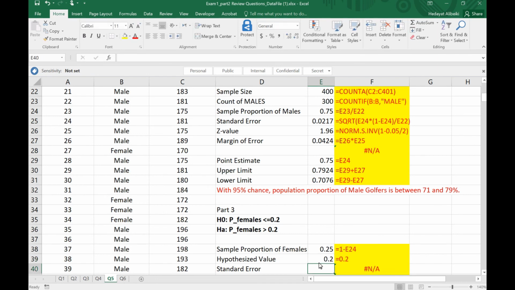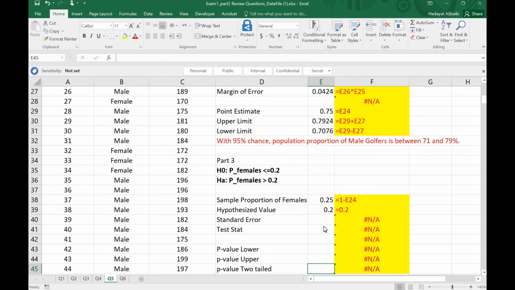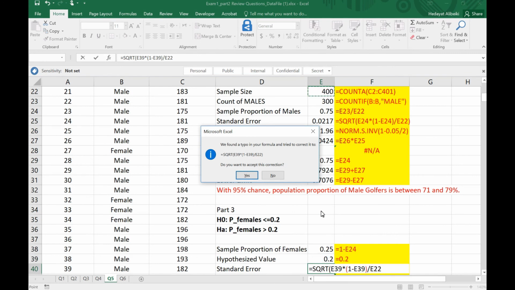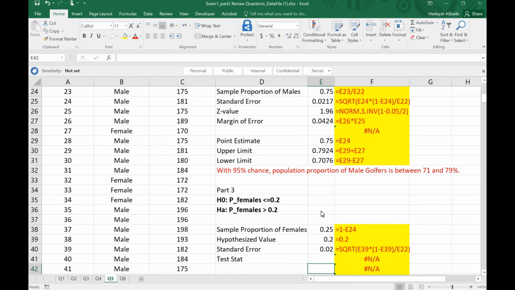So we put 20% here. Standard error would be the square root of P0 times 1 minus P0 divided by the sample size, and the sample size is 400. We calculated it earlier, so I just used that one.